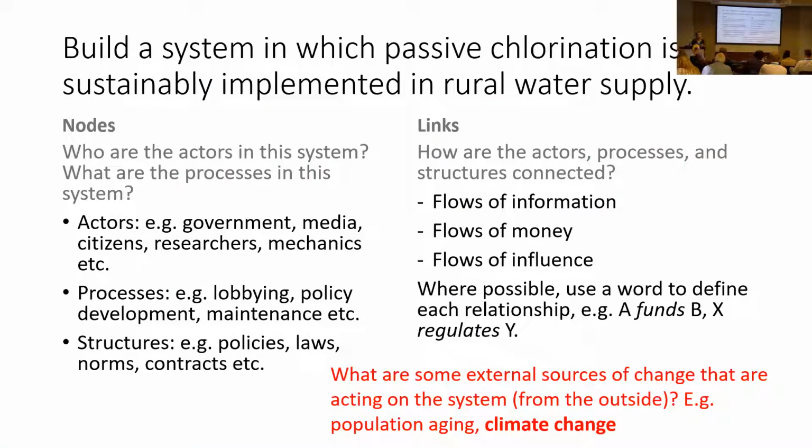So we'll go back to the maps now. We have about 15 minutes until the end of the session. So just a bit more time to think about the links between all of the elements that you put up on the board. I also want to challenge you to think about some of the external forces that might be acting on this system. As Meryl highlighted, climate change is a big one. There might be other things that you think are quite important, so perhaps you want to find a way to represent that in the maps.